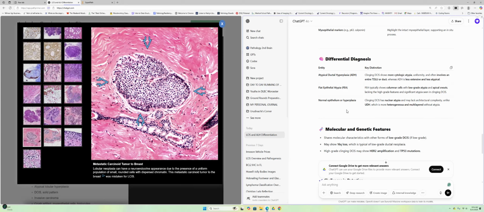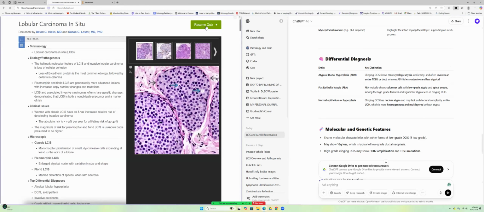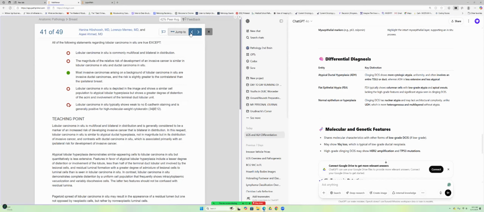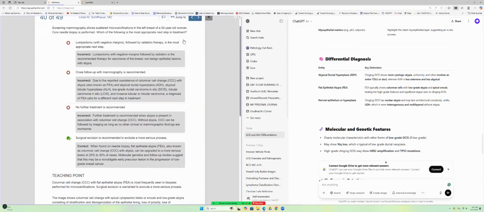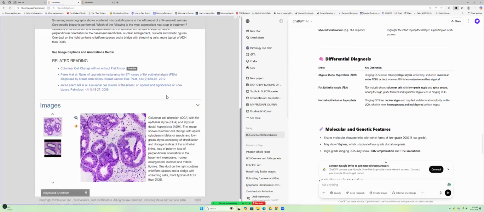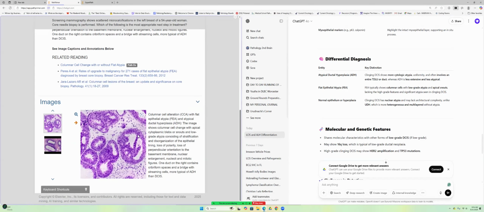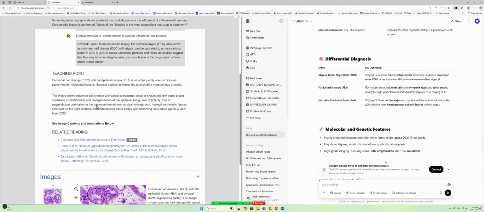Do you remember more things about flat epithelial atypia? Apical snouts. It could be associated with columnar cell changes. Yes, the columnar cell changes that have more than 2 layers are called flat epithelial atypia.